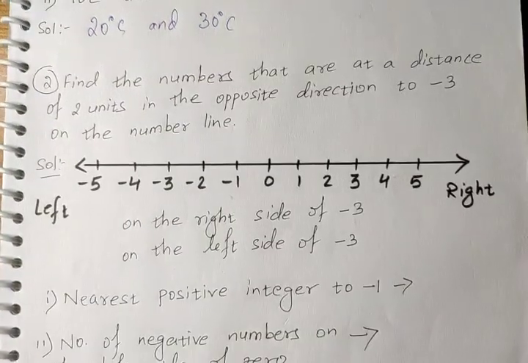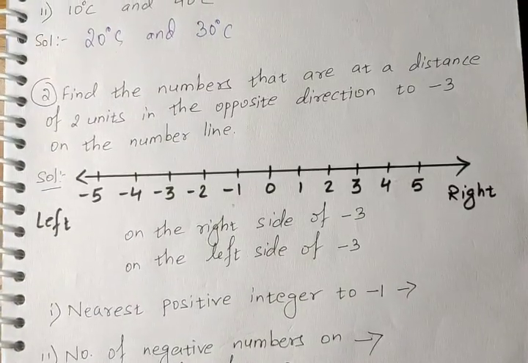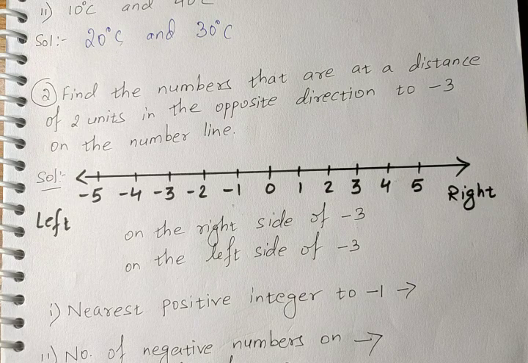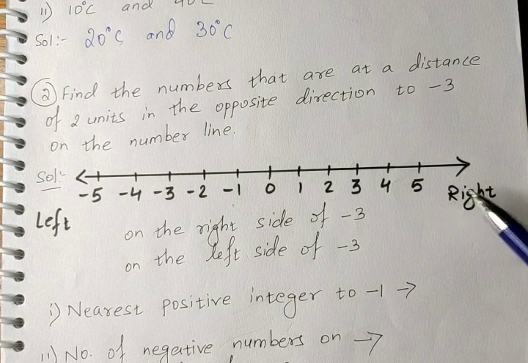What is the second question? Find the numbers that are at a distance of 2 units in the opposite direction to minus 3 on the number line. You can see, children, this number line is there.